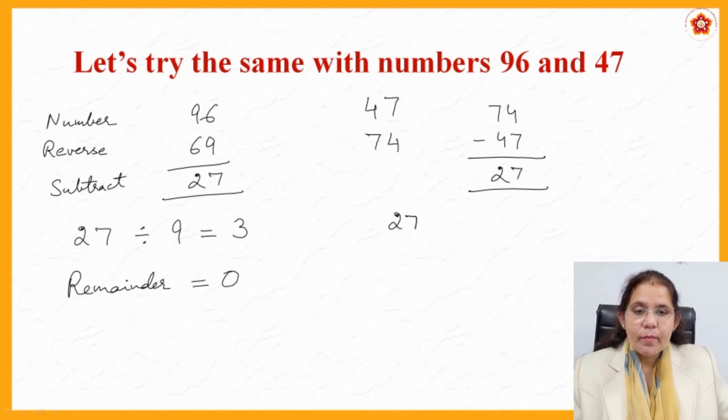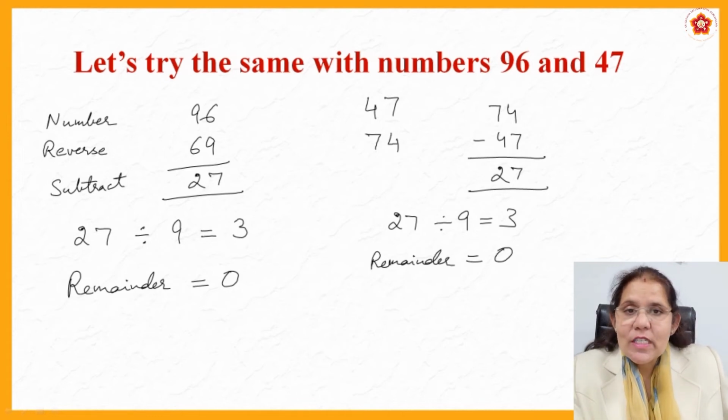Again 27. So 27 divided by 9 gives 3. Remainder is 0. So this was the second trick that was shared by Steve.